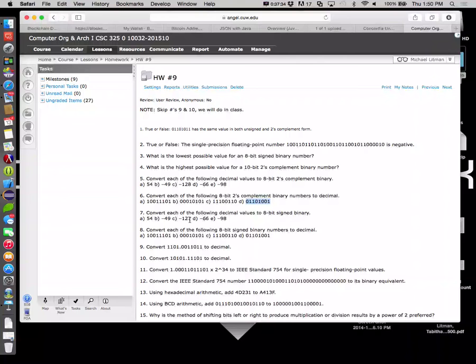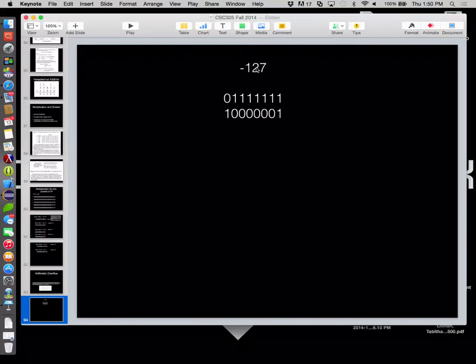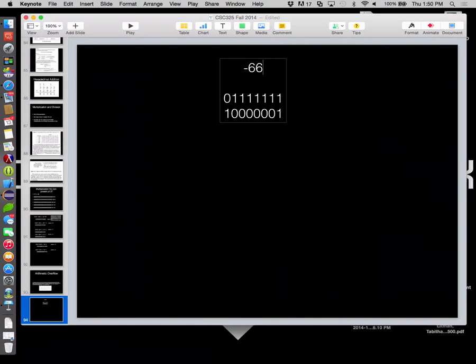And negative 66. That's going to be the 64s plus 32s, 16s, 8s, 4s, 2s, 1s.